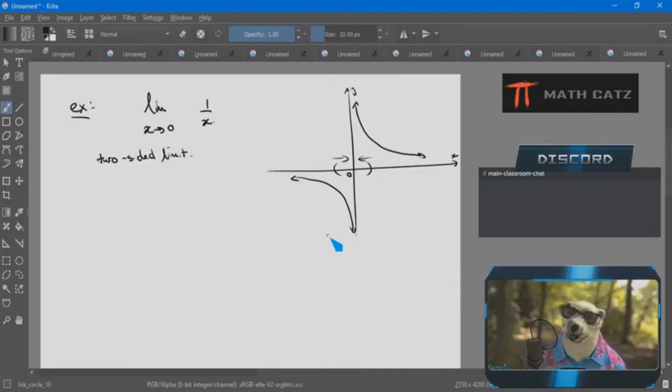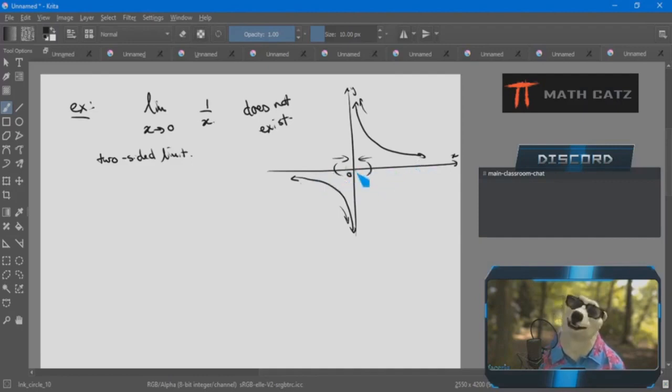No problem at all. I can explore and investigate the behavior. And the behavior says I am blowing up in terms of the size of my y value. Does not exist. And I can't really say an infinity because the behavior on either side is different.